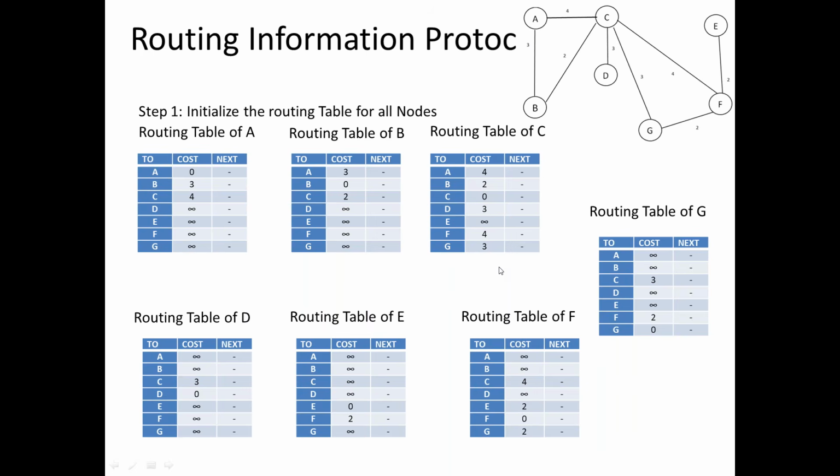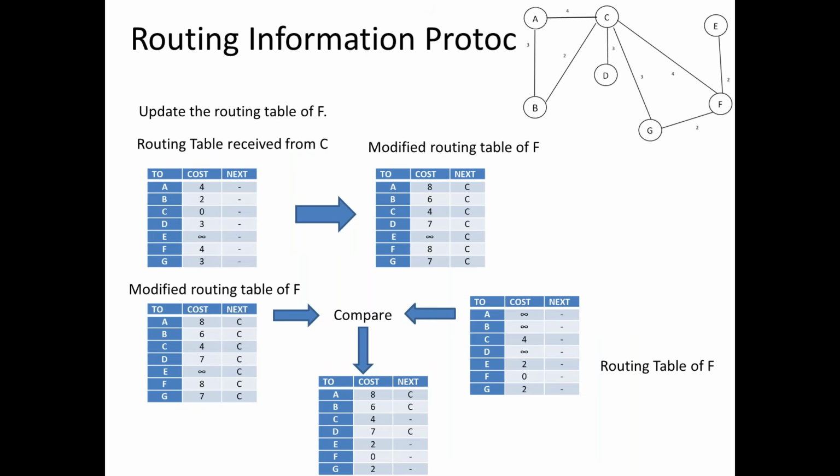So you have to find the routing table for all the nodes that are present in the network. If you consider the next step, we need to update the routing table of F. There is a thing which you have to consider: which routing table I have to select.